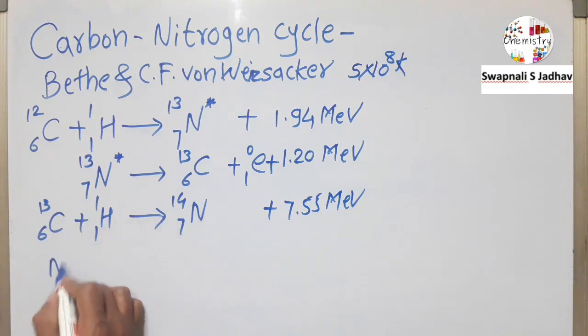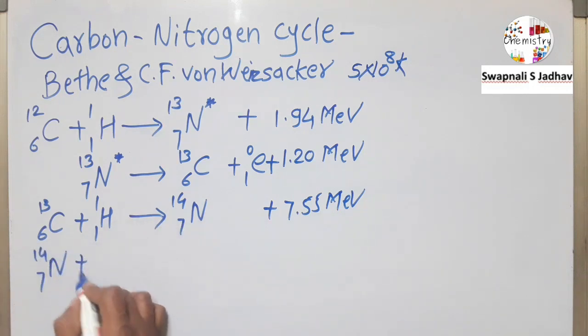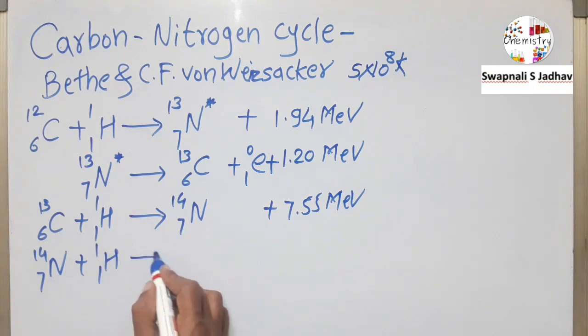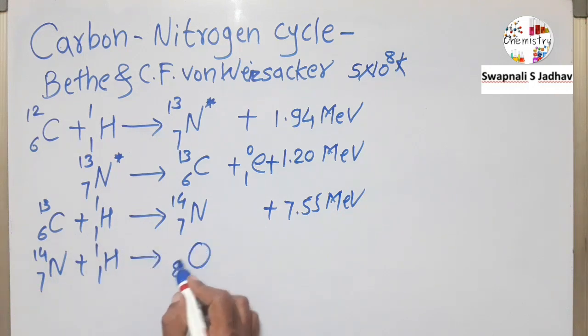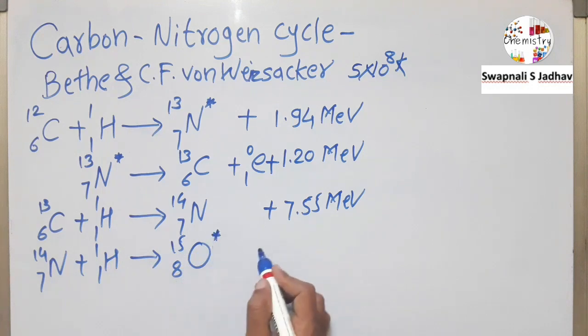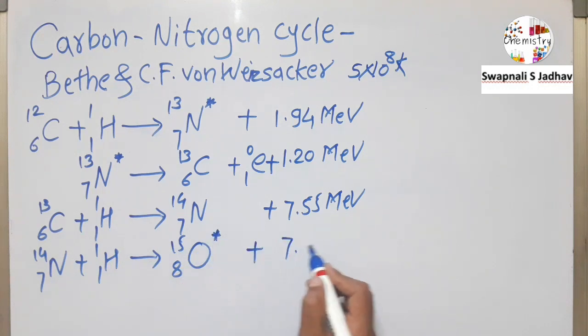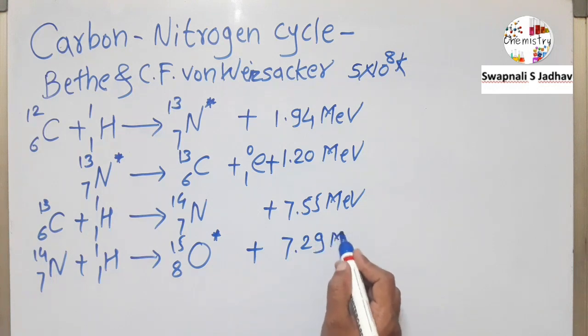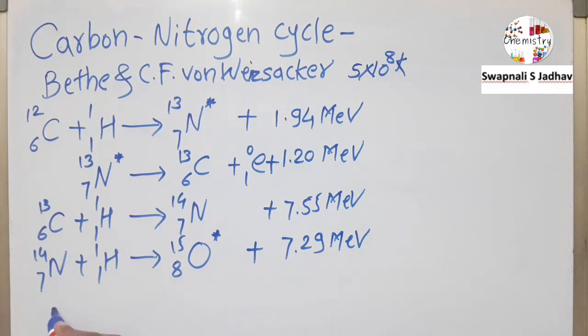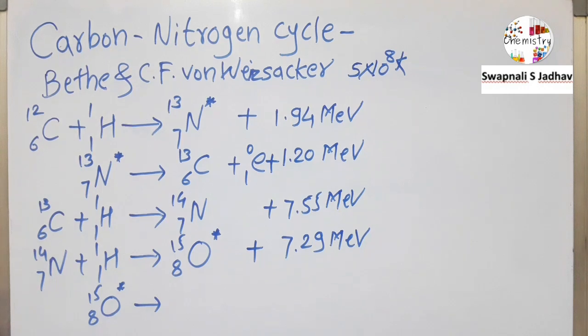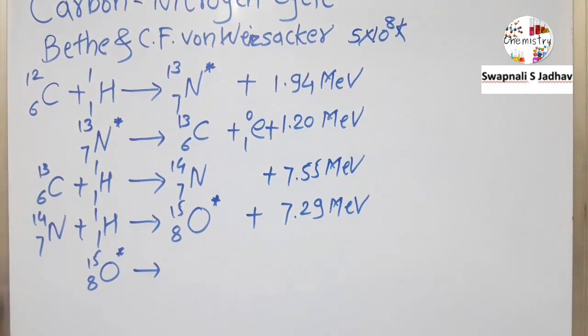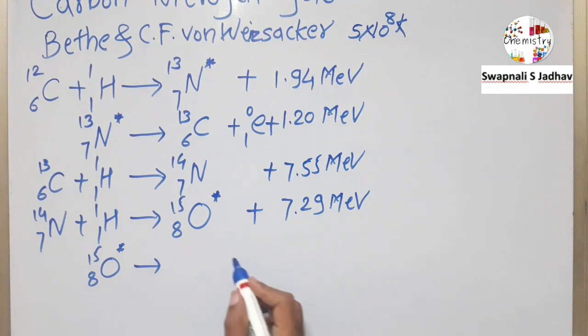Next, that nitrogen 7 14 combines with a proton, and there is formation of oxygen 8 15, which is also unstable, with liberation of 7.29 million electron volt energy. Next, that oxygen 8 15 is unstable and has a lower mass number than usual, therefore it emits what?